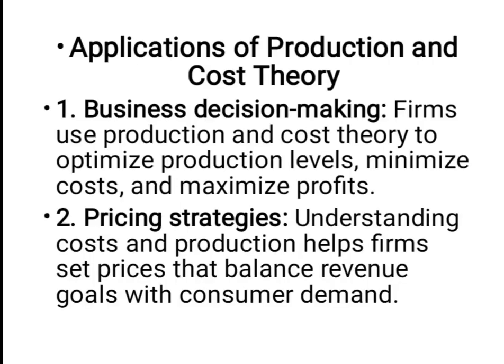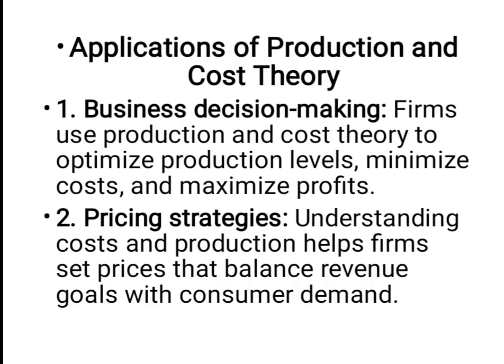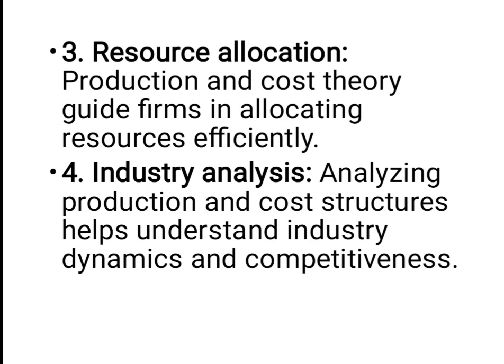So, business decision making. Profit maximization, production theory, and cost theory all help to make decisions as business people, and also they help the firm to strategize on pricing and on resource allocation, where they are going to allocate the resources.